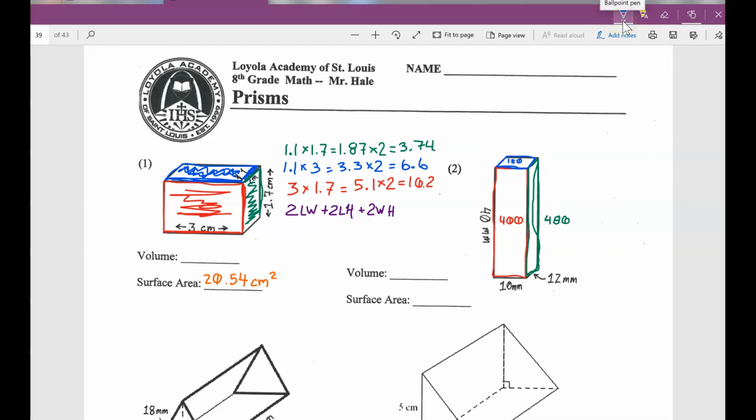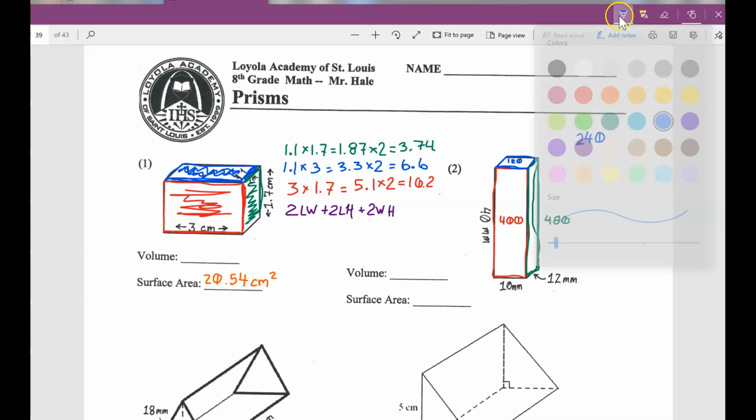But then we have to multiply all of those by 2, because we have this top that's 120. We're going to have an identical bottom. So that's going to be 120 times 2 is 240.